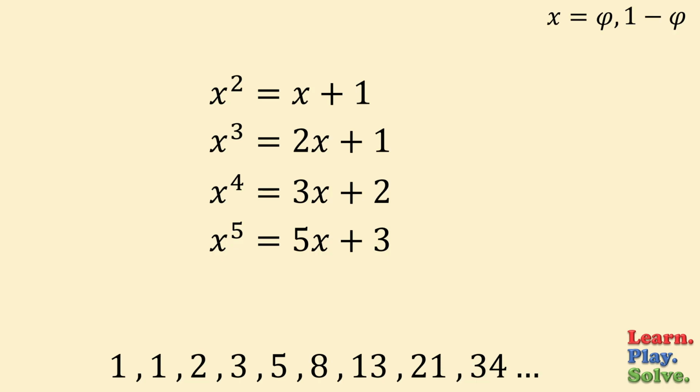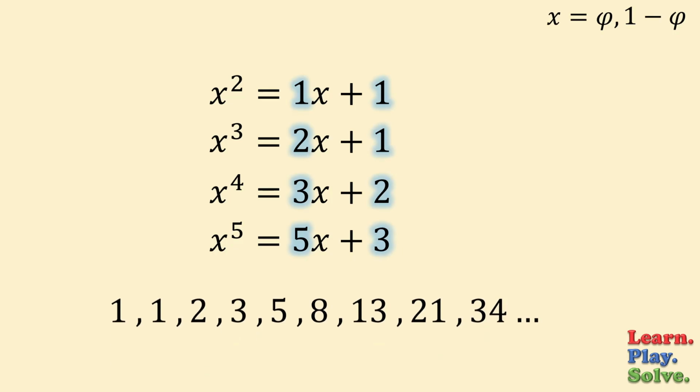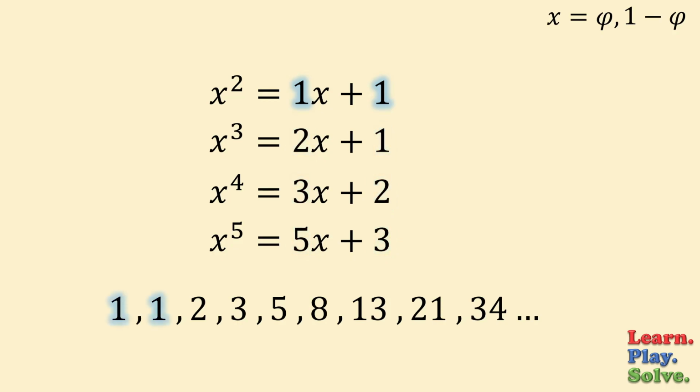Do you see the pattern yet? Look at all the coefficients on the right side. These are the Fibonacci numbers. For the top equation, 1 and 1 are the first two Fibonacci numbers, f1 and f2.